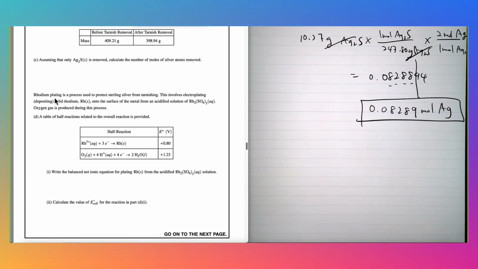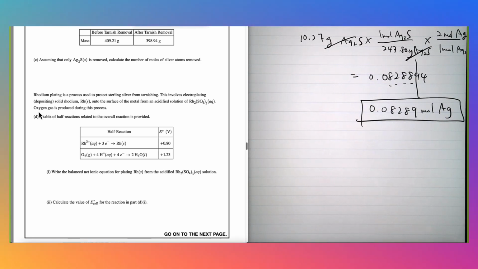Anytime they give you a plating question, they want to ask you how long it takes to plate this using Faraday's constant. So it's coming soon. This involves electroplating solid rhodium onto the surface of a metal from the acidified solution. Oxygen gas is produced during the process.